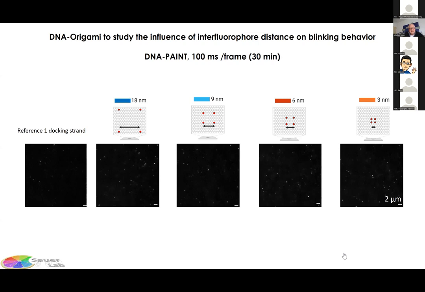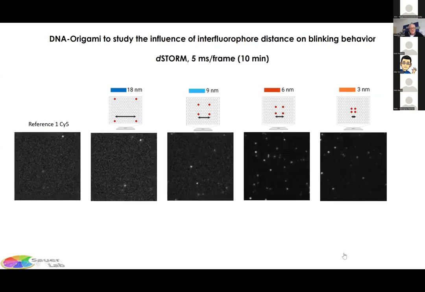But for the dSTORM samples, on the other hand, you see dramatic differences in the blinking behavior, if the videos would be running. Anyway, you see that for the 18 nanometers and 9 nanometers, and for the reference, a single labeled DNA origami, we see this blinking of Cy5 fluorophores throughout the 10 minutes acquisition time.